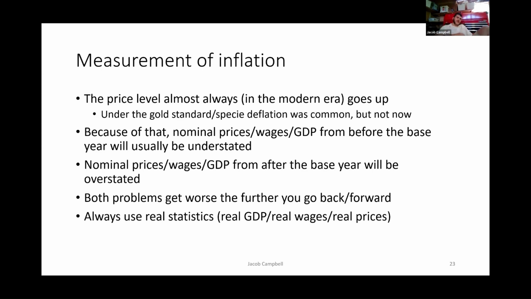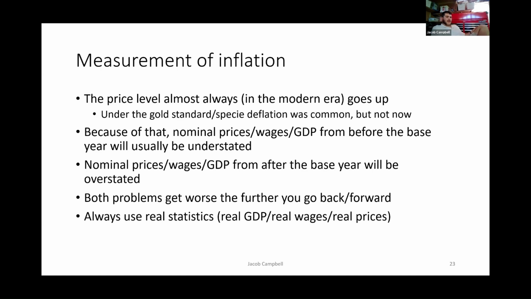And so, because of this, nominal prices, wages, and GDP from before the base year are usually going to be understated, whereas nominal prices, wages, and GDP from after the base year will be overstated. Right?